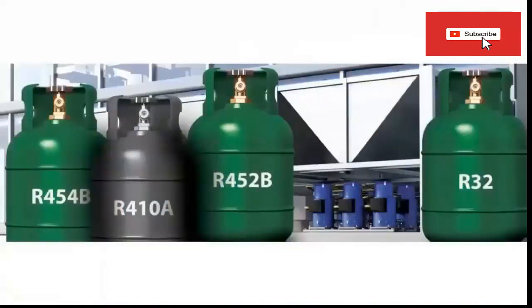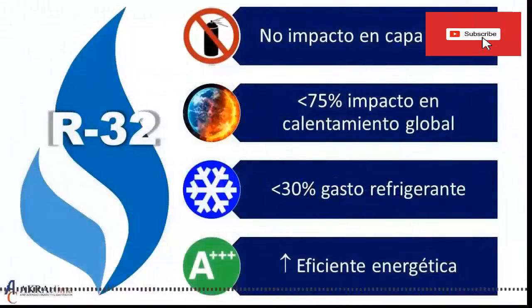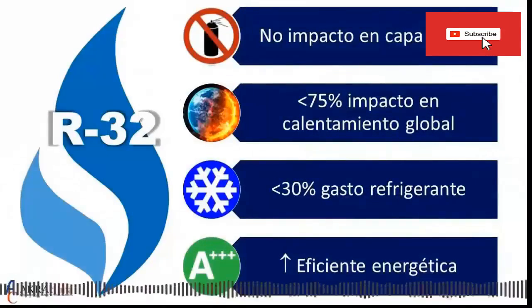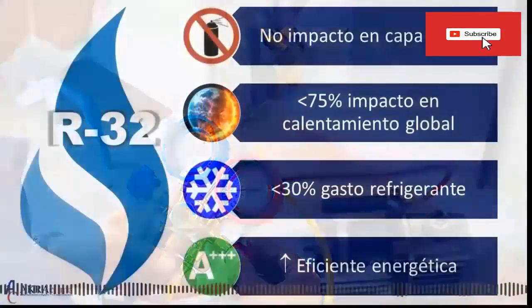12. Although many prefer R454B as a direct replacement for R410A in new equipment, R32 has the advantages of being a single-component gas, has no slip, and has price and availability advantages over its rivals. 13. R32 refrigerant is easier to handle and recover than other alternatives such as R454B or R452B. 14.